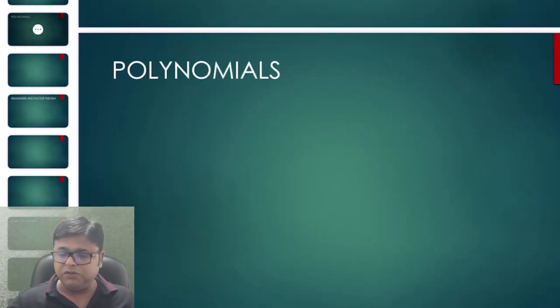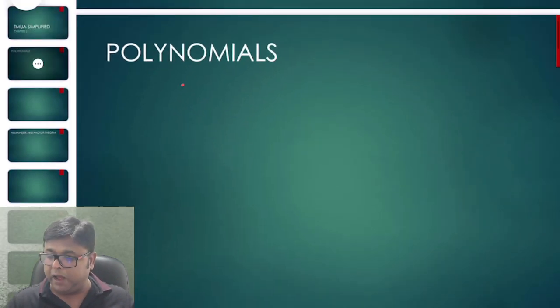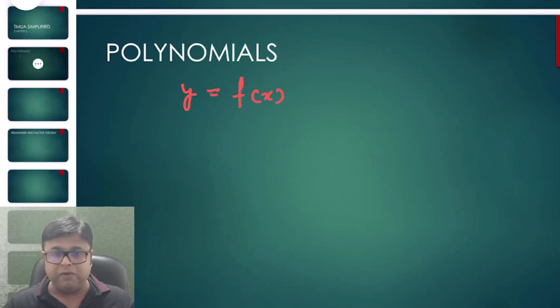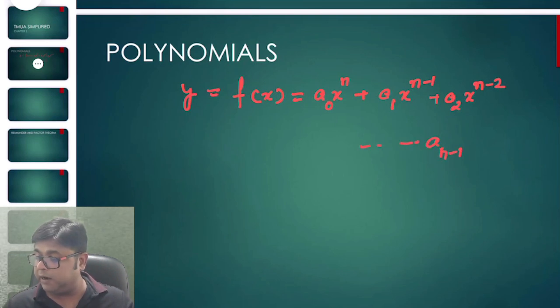When I say polynomial, in general, if I want to write, I write y is a function of x, which is a naught x to the power n plus a1 x to the power n minus 1 plus a2 x to the power n minus 2, and so on and so forth, up to a(n minus 1) x to the power 1 plus a n x to the power 0, which is 1 only.